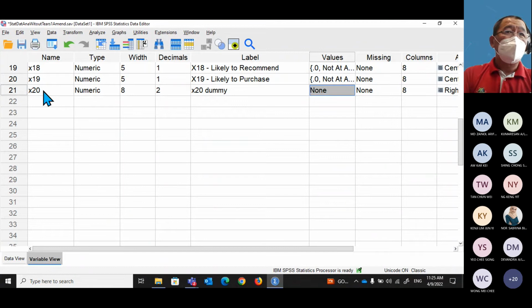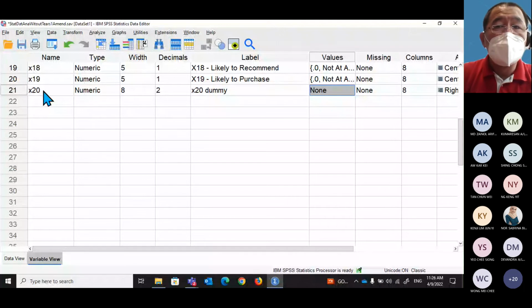For the normal case, we do the setting in the variable view and then key in data in the data view. But of course, if you copy data from Excel, you paste it in the data view and then do some editing in the variable view.